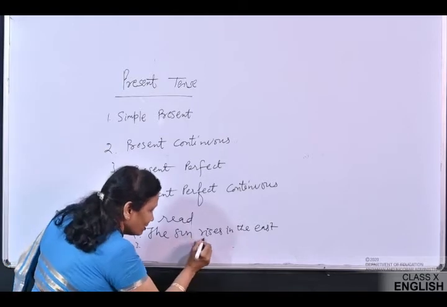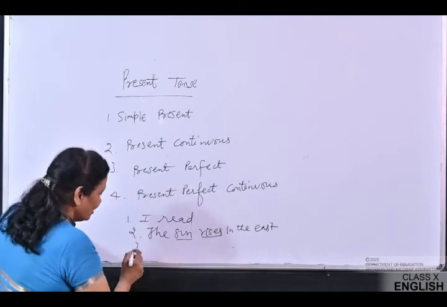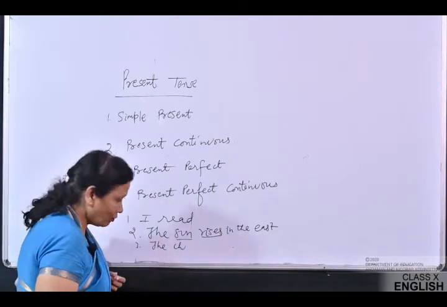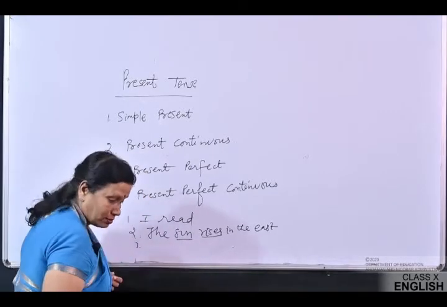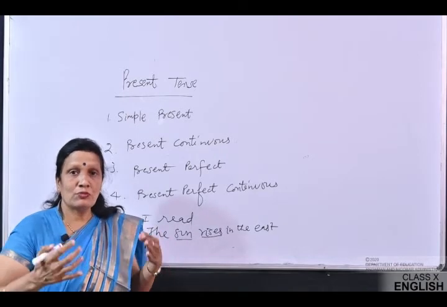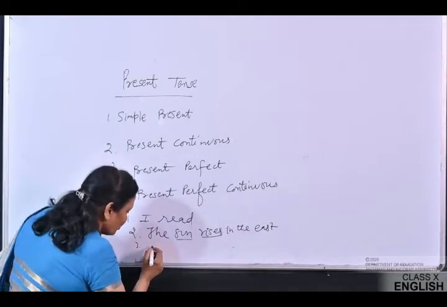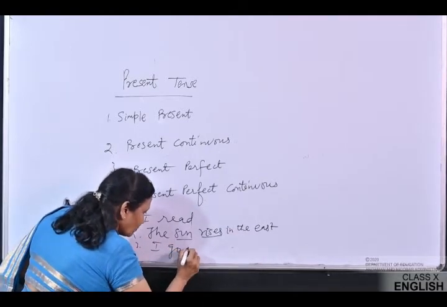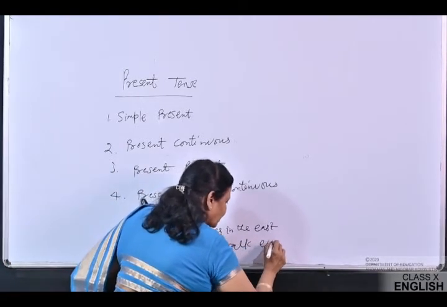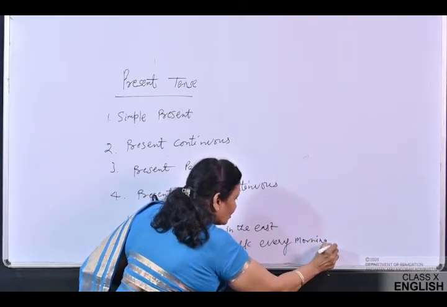So we are using, see here, rises. Sun is singular. So we have used the sun rises in the east. Then also for habitual actions, things which we do regularly, there also you use the simple present tense. For example, I go for a walk every morning.